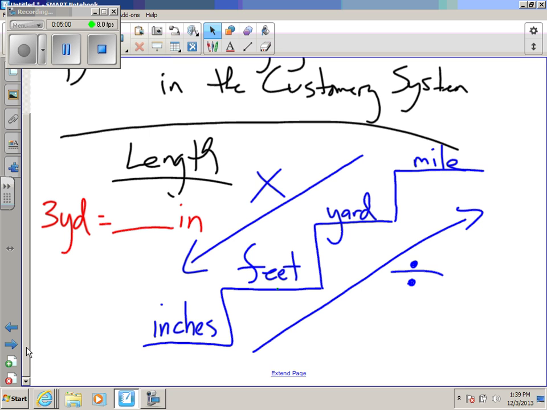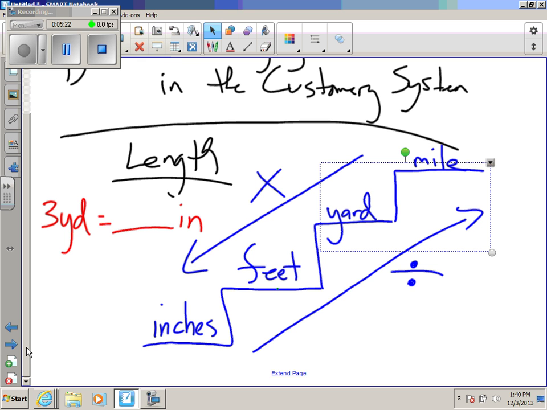As you go down, some of you may find it easier to take those 3 yards, convert them to feet, find out how many feet it is, then convert the feet to inches. How many steps? 1, 2. 2 steps in your problem.